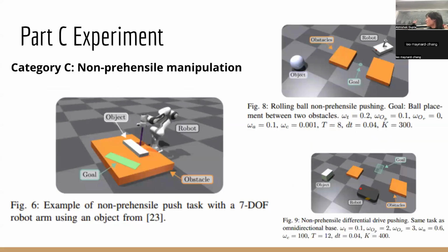And then figure 8 and figure 9, they just wanted to show how their model could extend to other types of robots besides that robot arm. In figure 8, they have a robot that drives on the ground, pushing around an object. And in figure 9, they have another robot that drives on the ground but can only move, I think, its front 2 wheels, and it's moving a rectangular object.